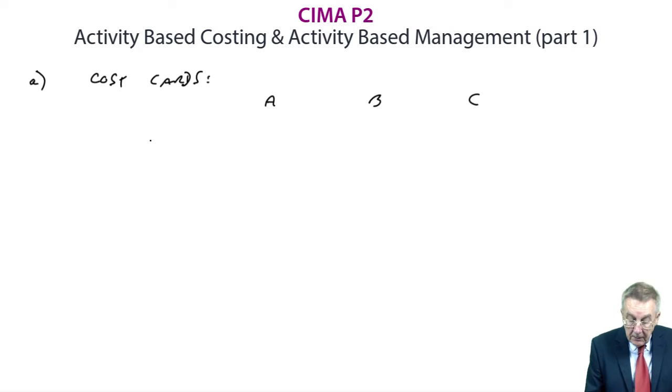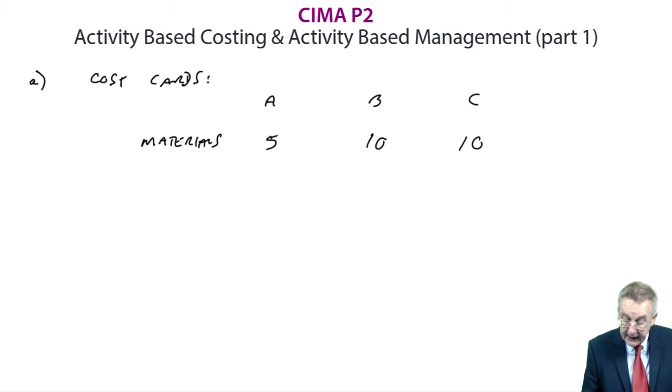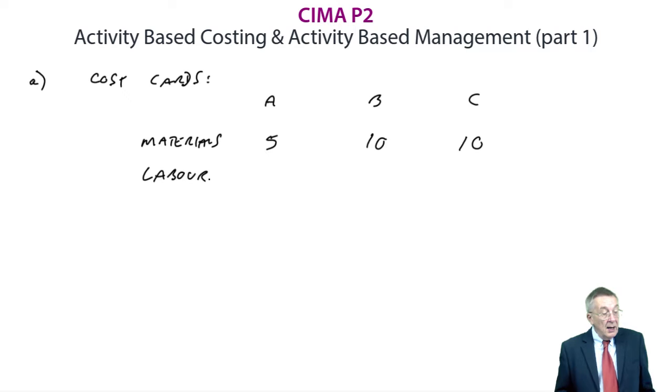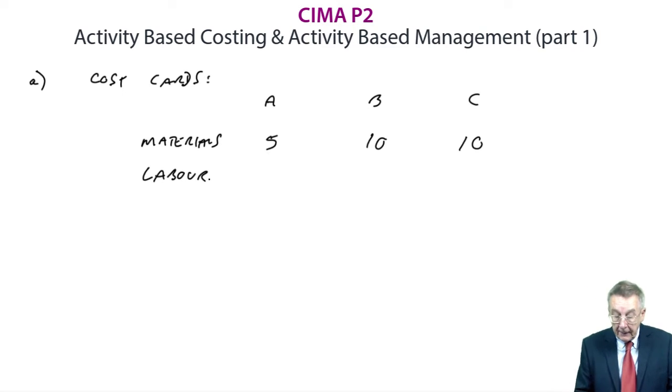And the unit costs. Materials, obviously no problem, straight from the question. A, $5 a unit, B, 10. Try and write nicely. C, 10. And labour. 2 hours, A, 2 hours a unit, but labour's paid at $5 an hour.